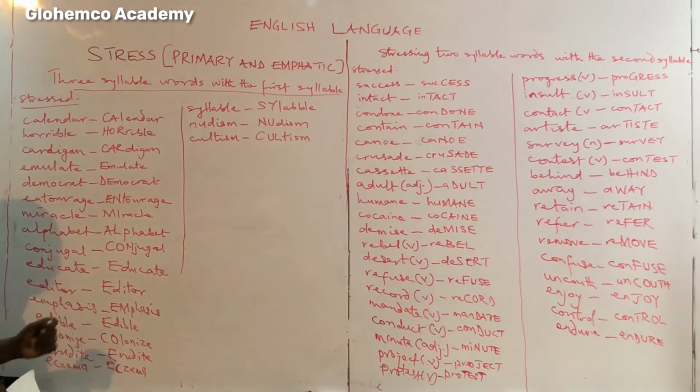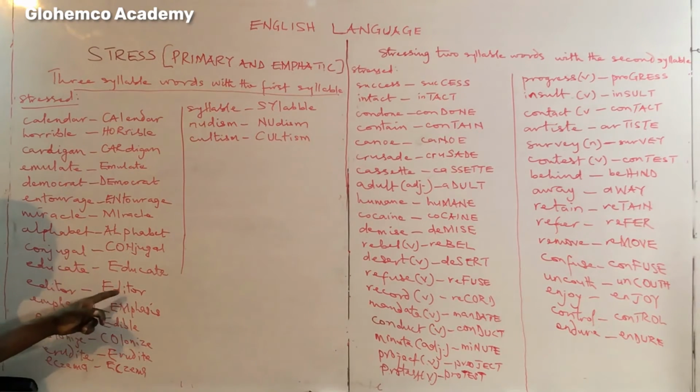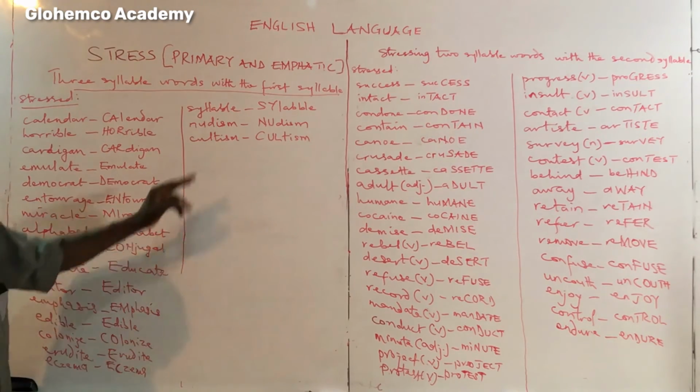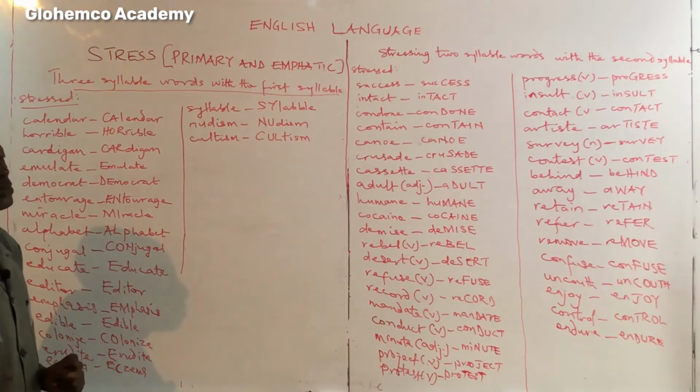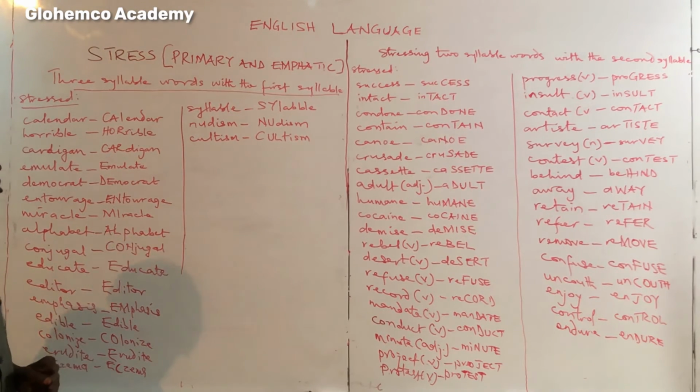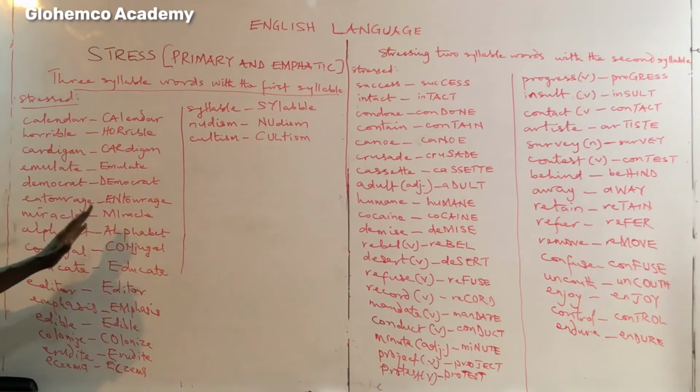Editor. Emphasis. Edible. Colonize. Erudite. Eczema. Syllable. Nudism. Cartism. So for each of these, that is the way it has to be stressed on the first syllable.